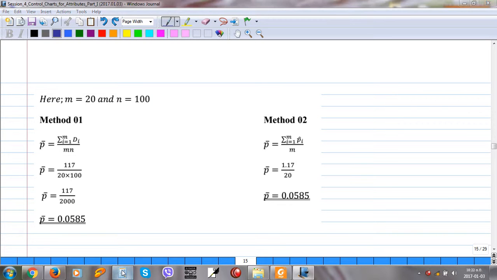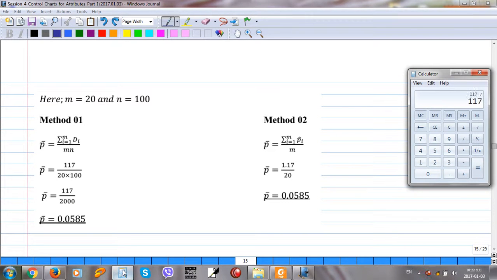Dividing 117 by 2000, you get 0.0585. This is the answer.